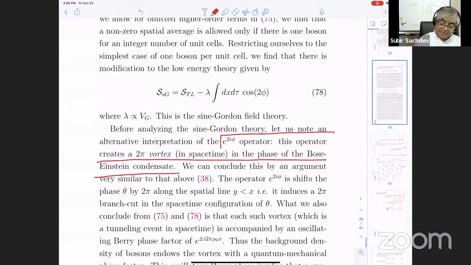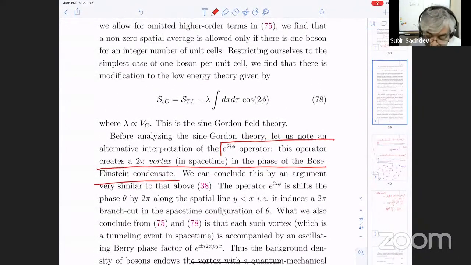So what we are seeing here, and this will now make the connection to the Kosterlitz-Thouless picture very clear, is that you have the Luttinger liquid, and the Luttinger liquid can have these fluctuations in space-time where vortices appear. These are so-called instantons. They're tunneling events where suddenly the winding number in some region of space-time is changing.